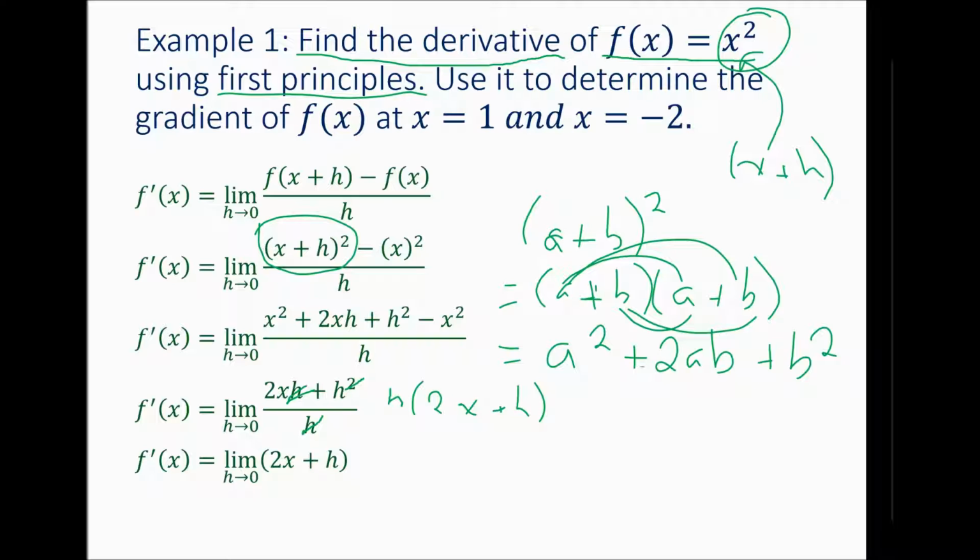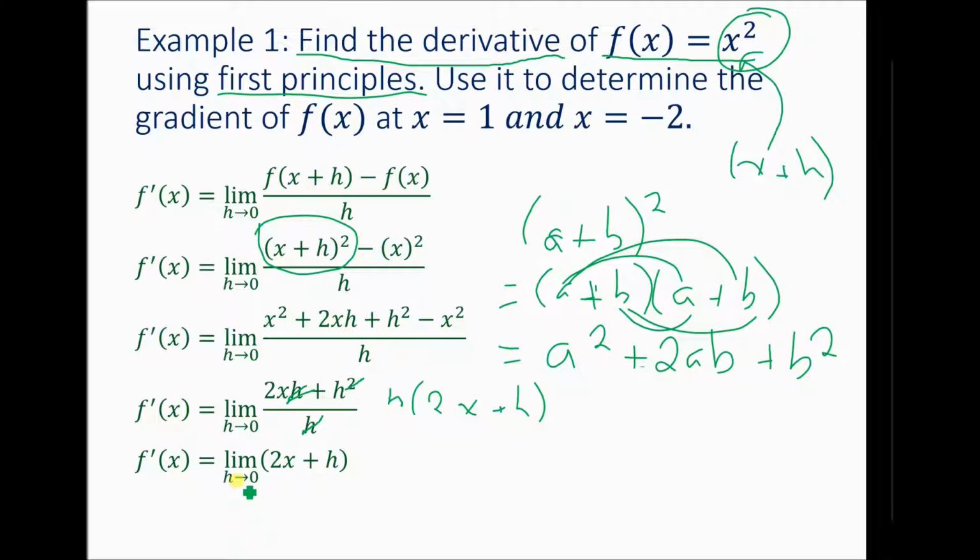Now my final little step is to ask, what would happen if I sent h to 0? This is a well-behaved function, so if I send h to 0, that last little part, this h, is going to disappear.